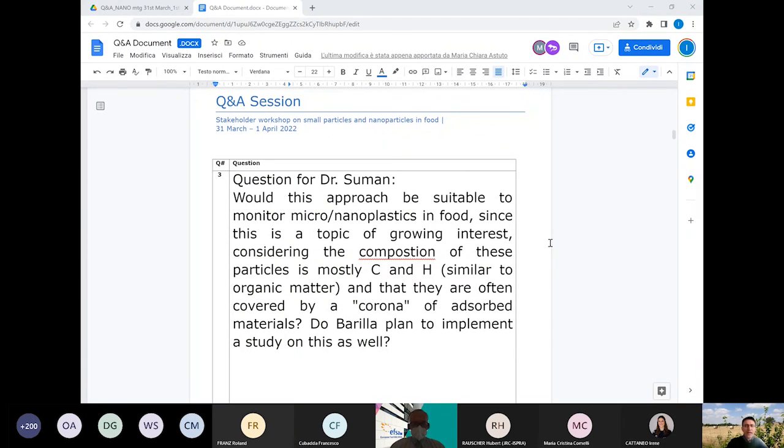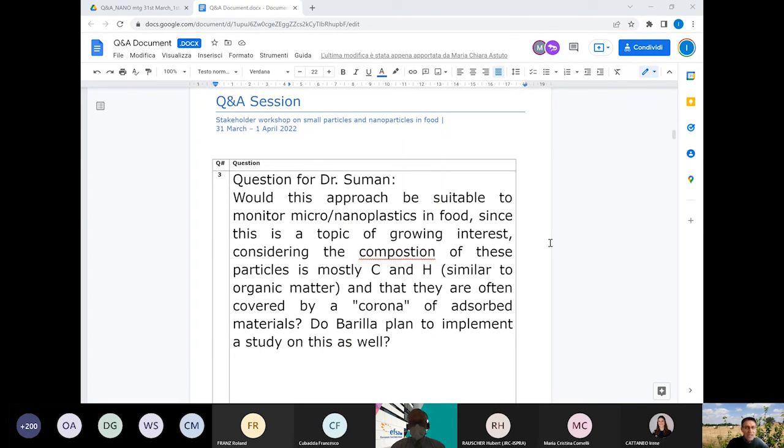Yeah, I've seen the question, and honestly, we have not, at least in the very short period, a plan to implement a study on this corona-absorbed inorganic materials. It is something that honestly I would like to better understand and know, because this is a part that we honestly did not consider in the previous studies.